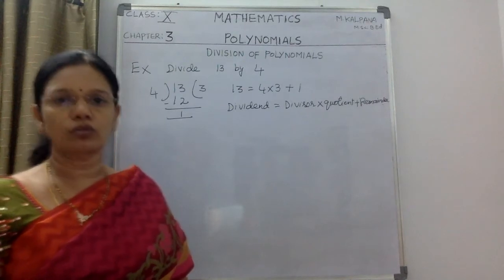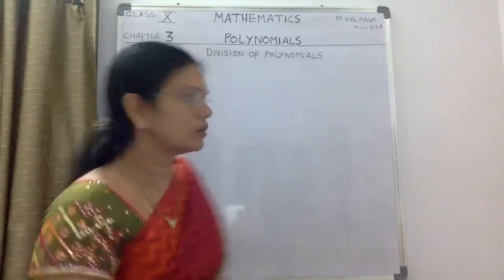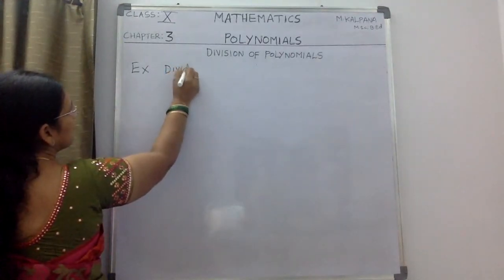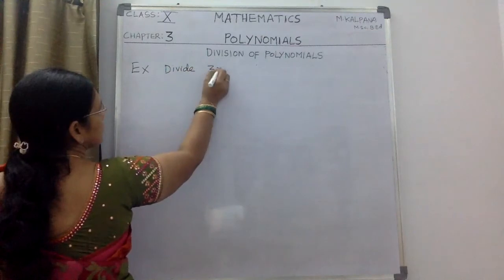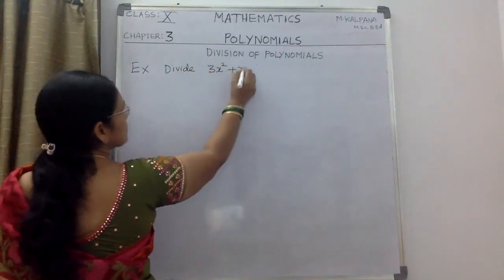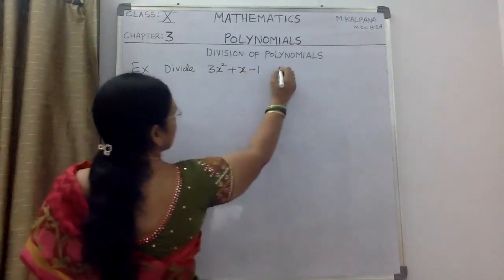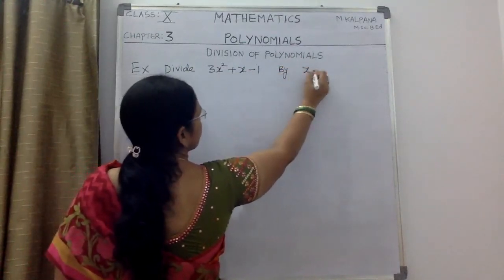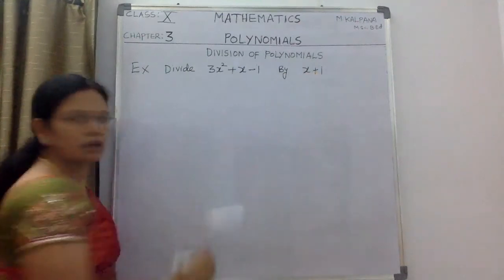Let us see how to do it. Divide 3x square plus x minus 1 by, let us take some x plus 1. X plus 1.